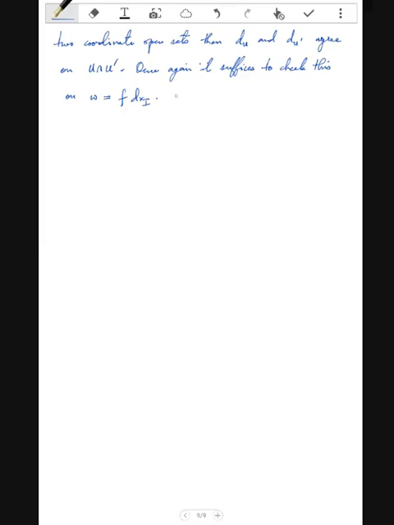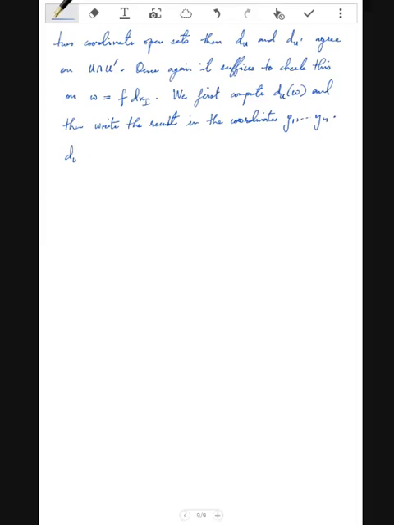So we first compute d_U of omega and then write the result in the coordinates y1 through yn.